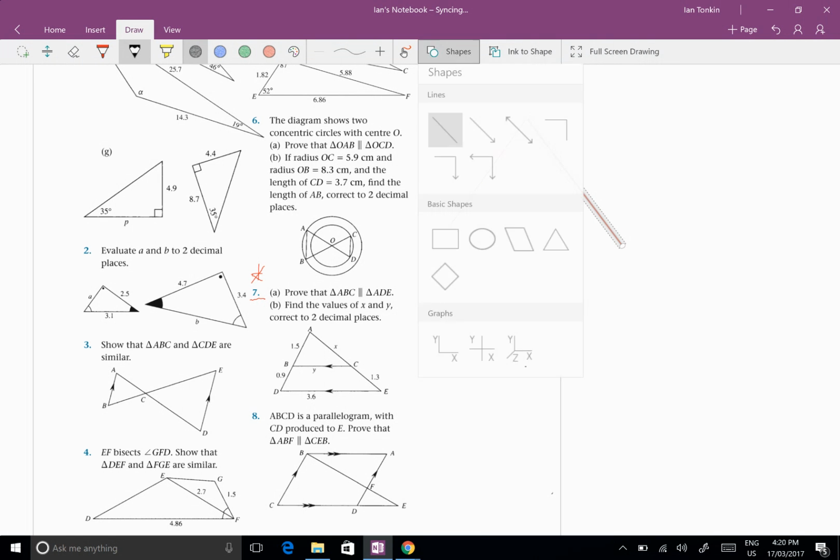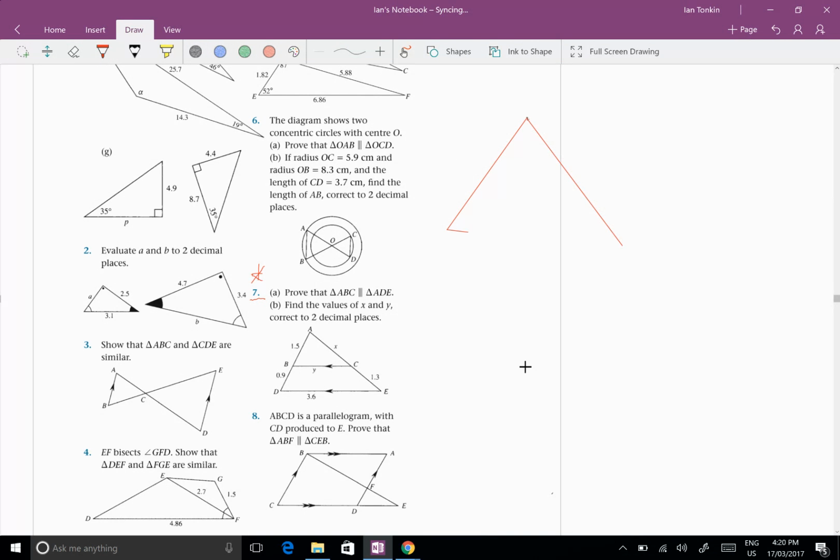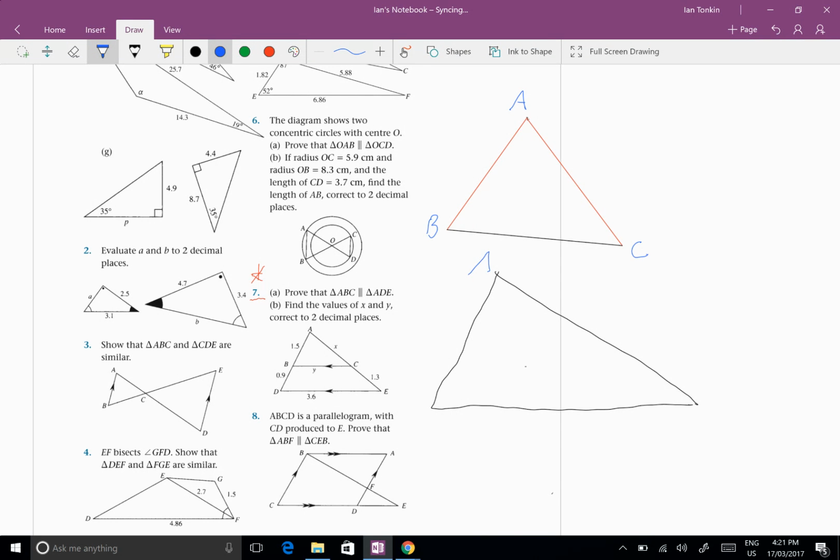This will be the small triangle, and then underneath I'm going to do this freehand. Oh, that looks terrible, but you'll get the idea. So here we have A, B, C, and here we have A, D, E.